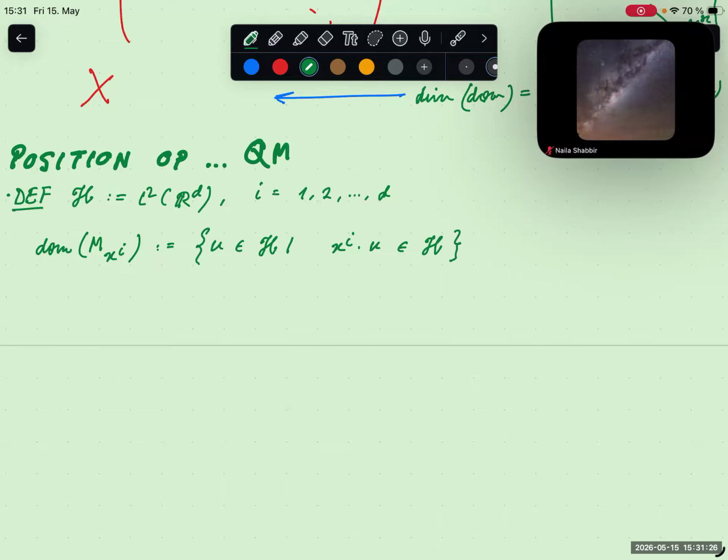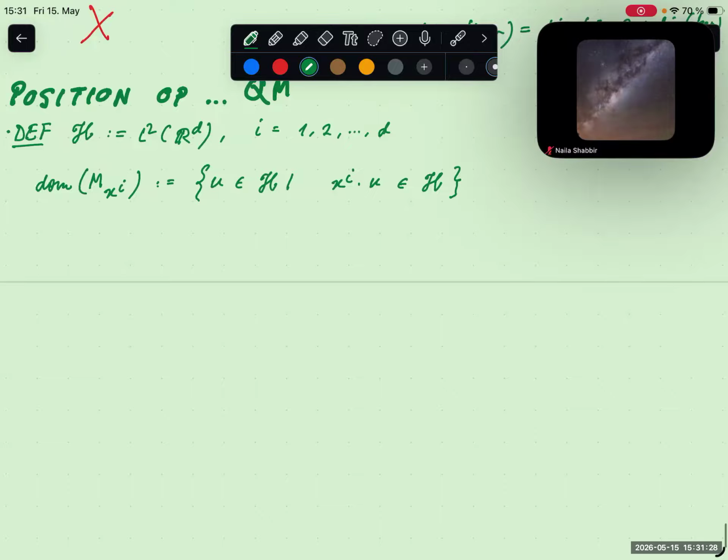So you have seen this condition also before, but now we are looking at more systematically.